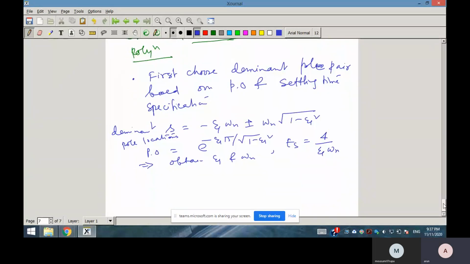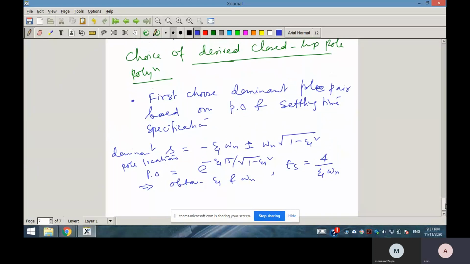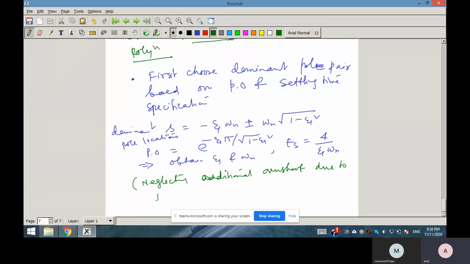But the problem is there with the dominant pole based approach. It is fine, but when I am choosing this dominant pole, I am neglecting the additional overshoot due to the roots of h's.